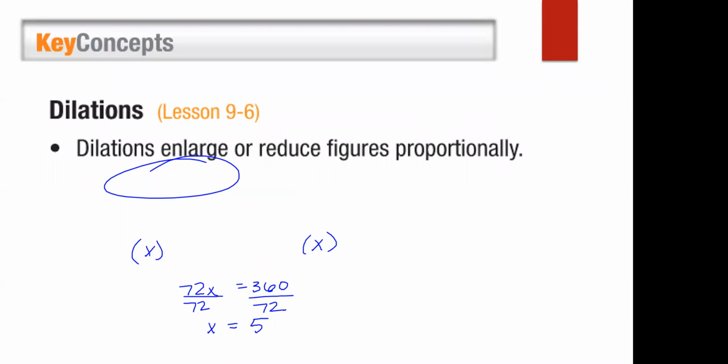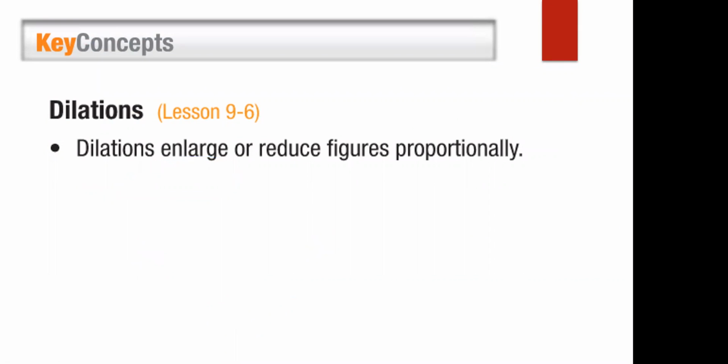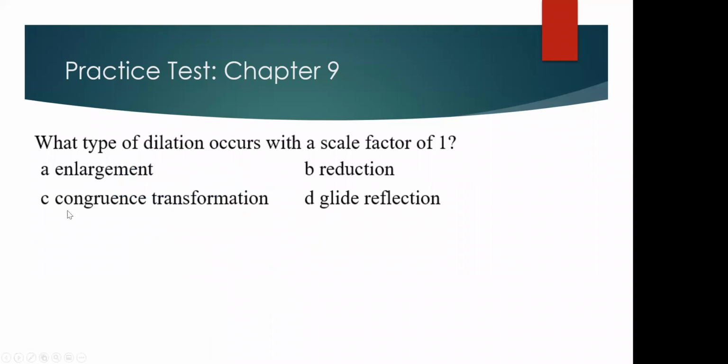All right, and then here it talks about dilations. Dilations enlarge or reduce figures proportionally. So this says, what type of dilation occurs with a scale factor of 1? They represent the scale factor with the value k.